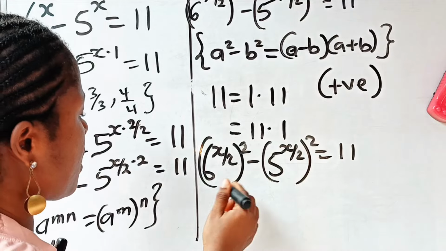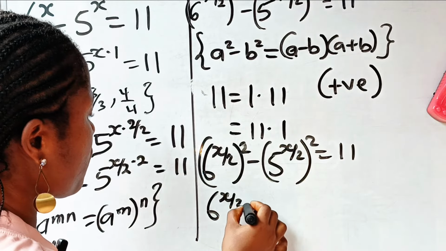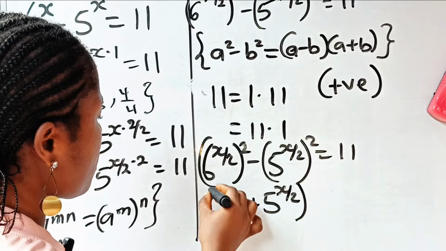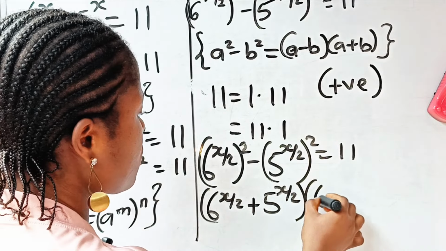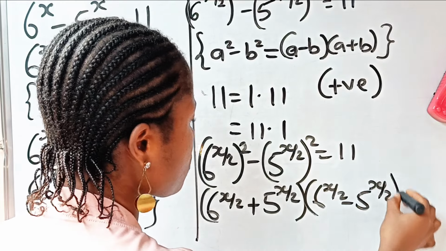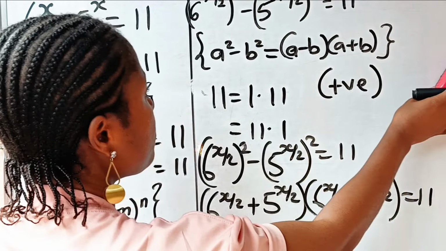If I should write this as 6 to the power of x over 2 plus 5 to the power of x over 2, bracket 6 to the power of x over 2 minus 5 to the power of x over 2 equals 11.